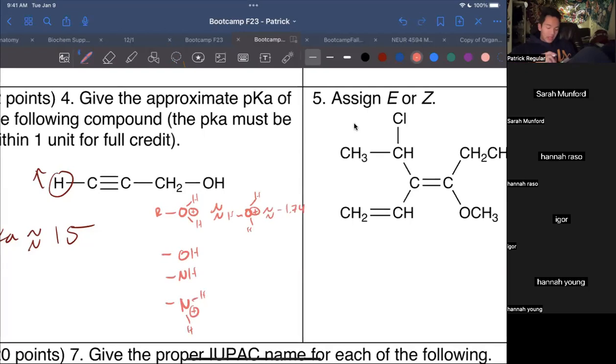Know the pKa of a double bonded carbon, triple bonded carbon, and carboxylic acid. There you go. This one's going to have a similar pKa to H2O, around 15 to 16. Carboxylic acid has a pKa of around 5. This one I just told you is 15. You're welcome to look over it, but these wouldn't hurt to know.